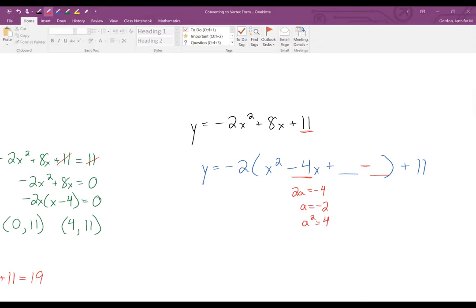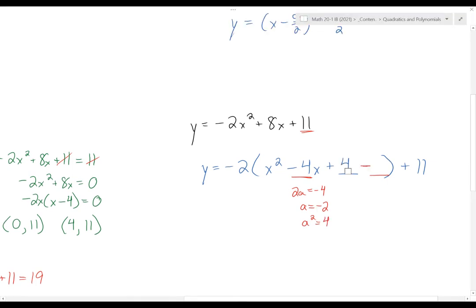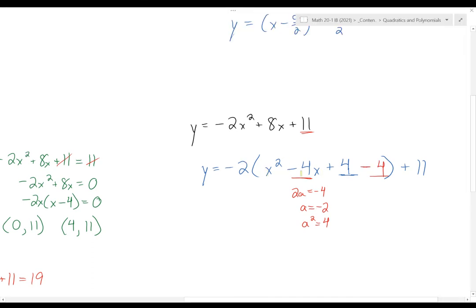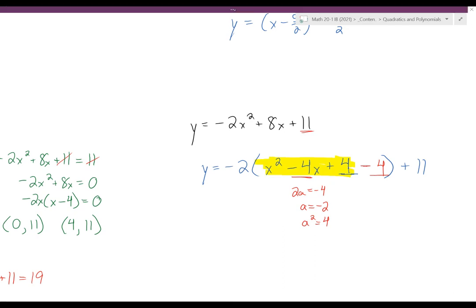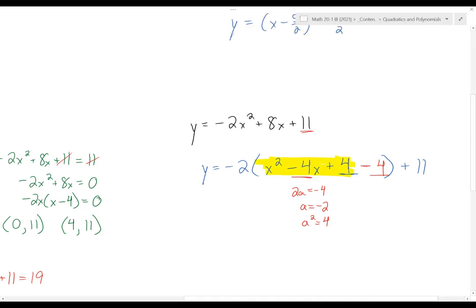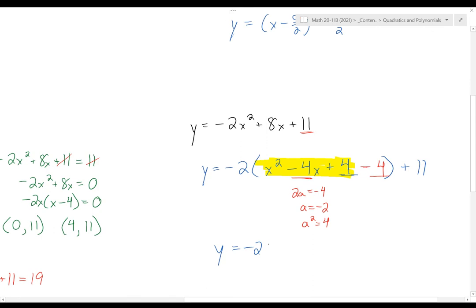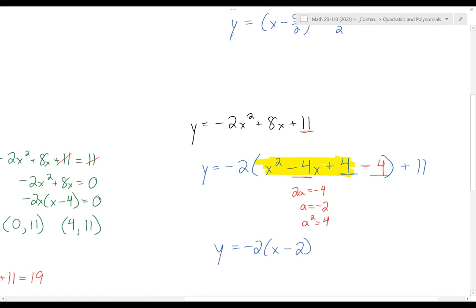So what I need to be adding on is 4, and what I need to therefore be subtracting to keep it balanced is 4. The part highlighted in yellow now is a perfect square trinomial. So what I now have is y equals negative 2 times x minus 2 all squared.